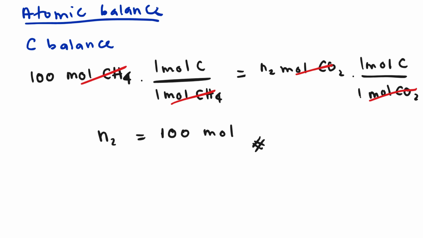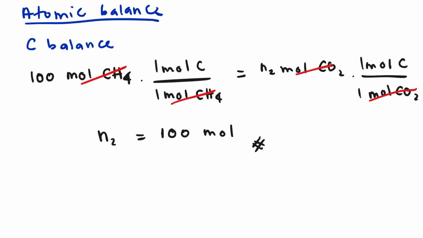So we have methane, CH4, and we also have carbon dioxide, CO2, we have oxygen, O2, and we would also have water, H2O. Meaning we have carbon, hydrogen, and oxygen balance. Let's start with the C balance, the carbon balance.